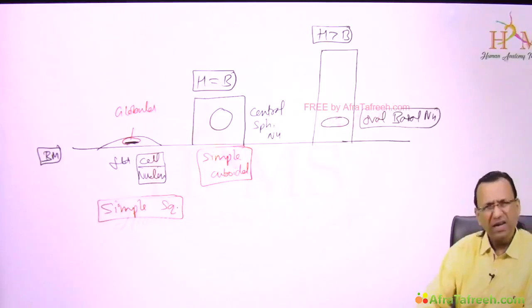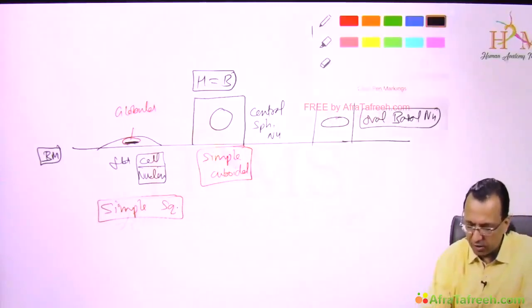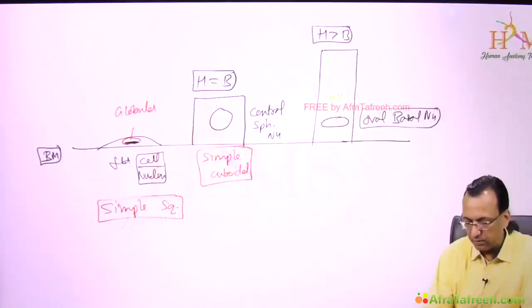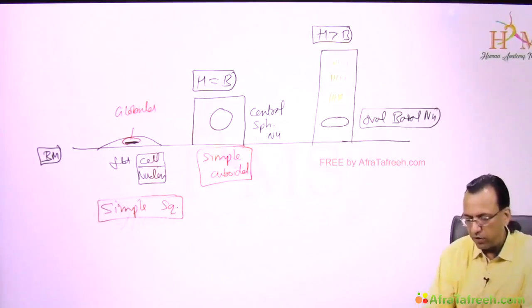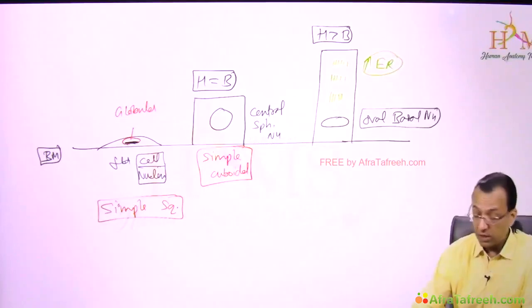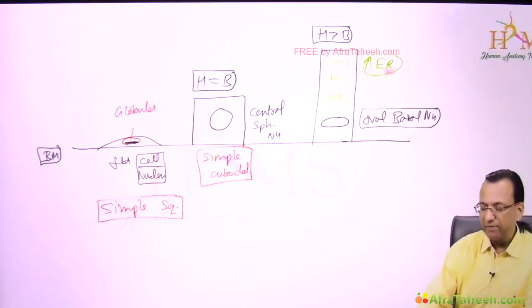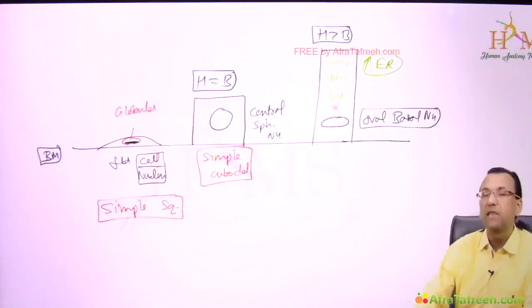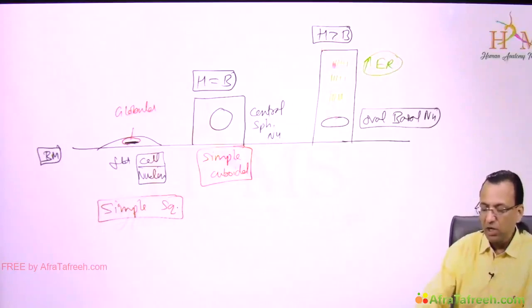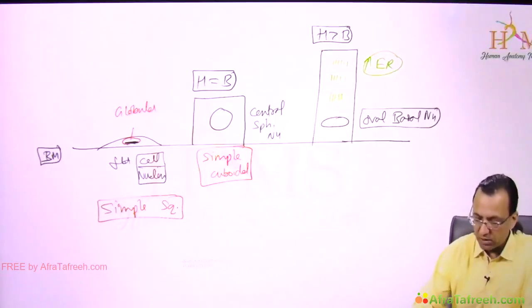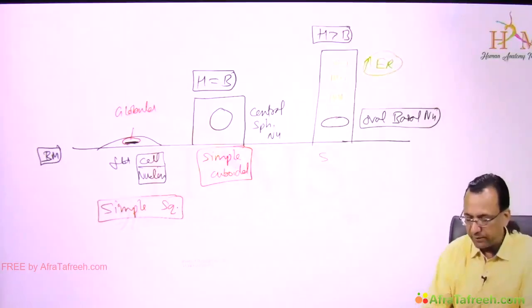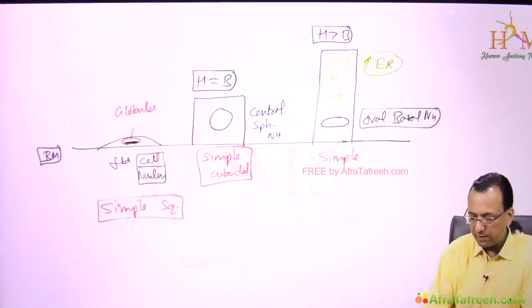Why? Because I had a lot of endoplasmic reticulum. And why did you have a lot of endoplasmic reticulum? To make the thyroxine hormone. You mean to say an actively secreting thyroid follicle? Yes, more endoplasmic reticulum. To keep that endoplasmic reticulum, I am increasing the height of the cell. So this is what we call the simple columnar epithelium.